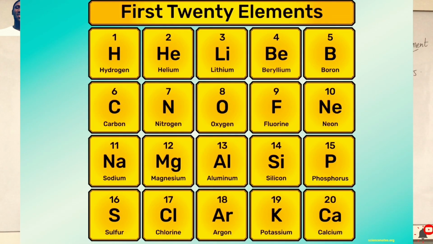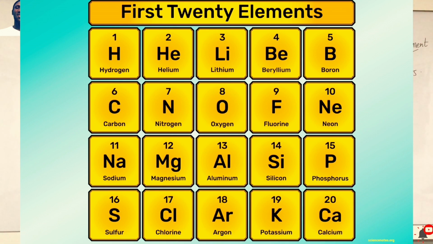On the screen you can see the first 20 elements. We are going to go through them with their atomic numbers, which in future lessons we'll look at what the atomic number stands for. So we'll look at the elements, their symbols, and their atomic numbers.